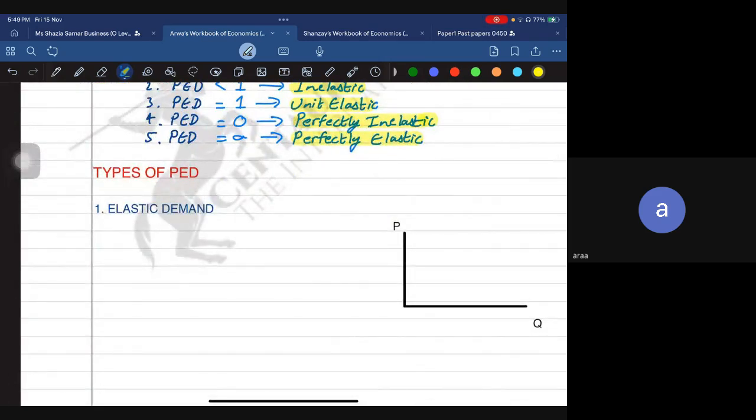Elastic demand. It is, as we already stated, greater than one, meaning a small change in price will bring a great change in quantity demanded.